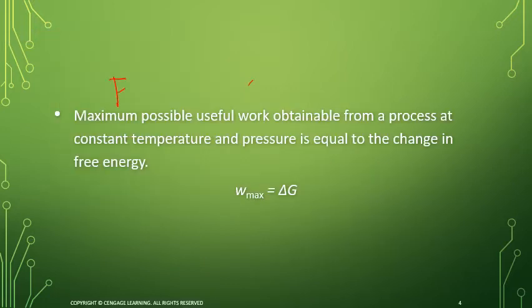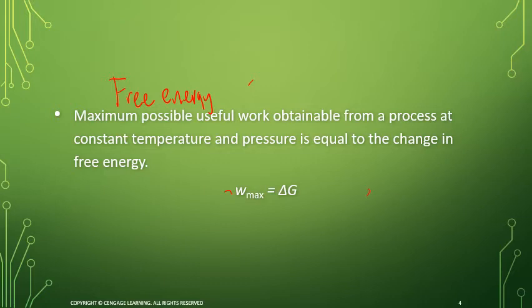The free energy for a system is defined as the maximum possible useful work that can be obtained from a process at constant temperature and pressure, that is equal to the change in free energy. So when we look at the delta G for a process, remember that if work is done by the system, then you have a negative work.